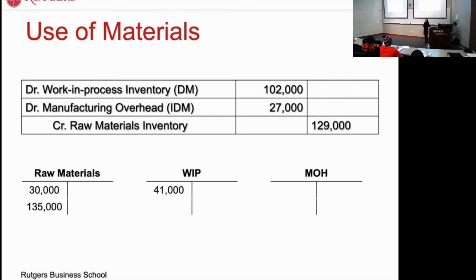Now I want to put some numbers into the T account of work in process. You would put it on the left-hand side, the debit side, because here we have a debit of work in process. We increase work in process. Yeah, that's right.